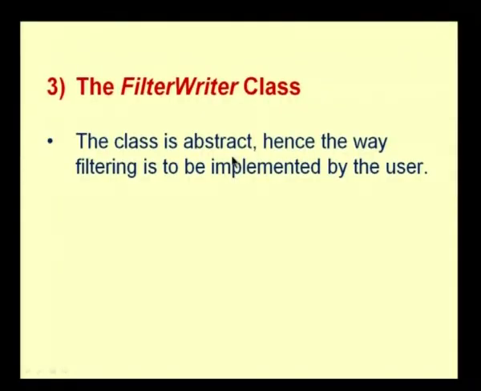We have seen this type of streams already in the case of bytes. Here you can directly use character restrictions regarding your characters. This class is abstract, hence the way filtering is done is to be implemented by the user. We have seen about abstract classes already, right? An abstract class cannot be instantiated.